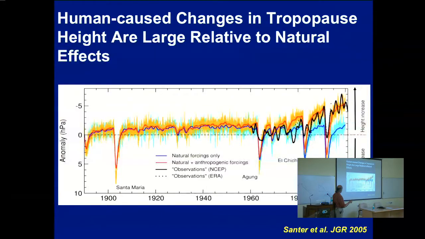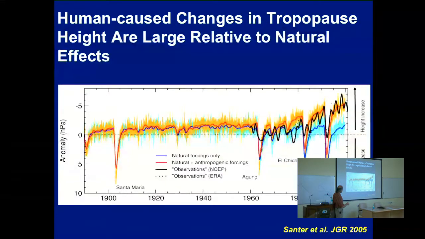And then sometime here in the 60s, we started measuring the vertical temperature profile, and therefore you can estimate the tropopause, right? So the observations come from models, NCEP and ERA, okay?